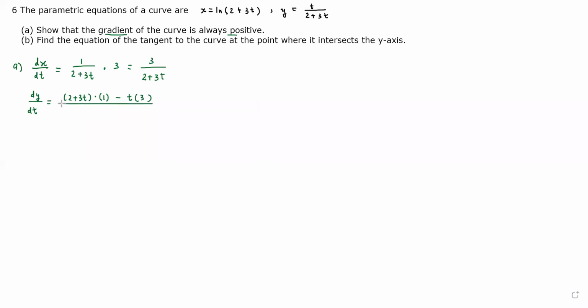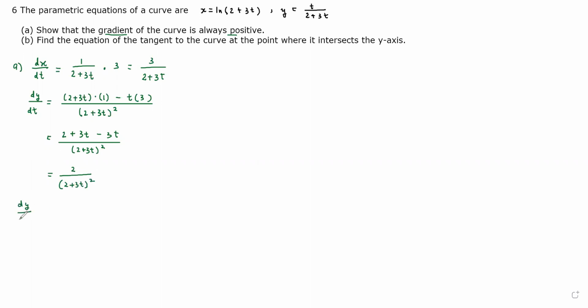All this is over the square of the denominator, which is (2 + 3t) squared. In the numerator, we have 2 + 3t minus 3t. dy/dt is now 2 over (2 + 3t) squared.